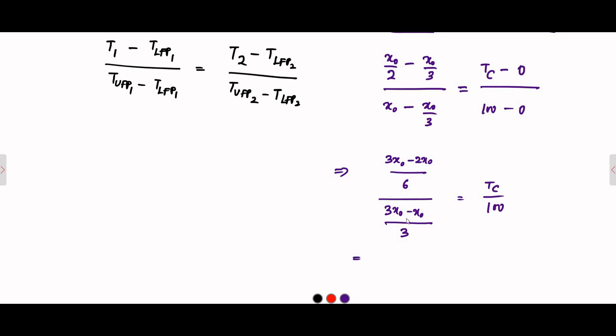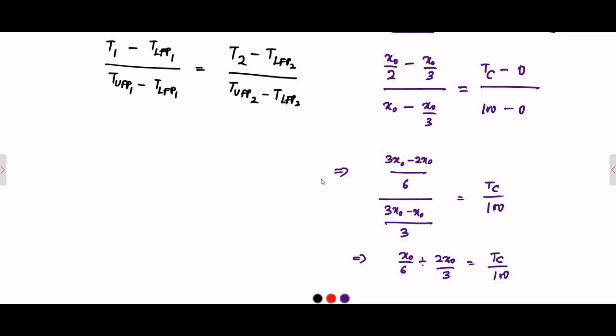That implies x0 by 6 divided by 2x0 by 3 is equal to Tc by 100.